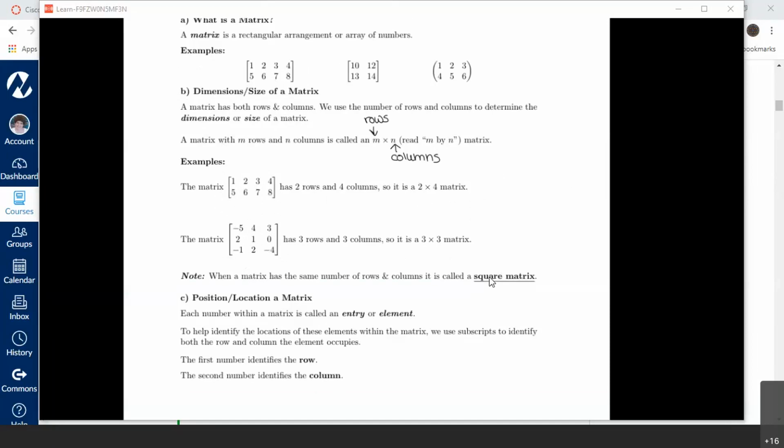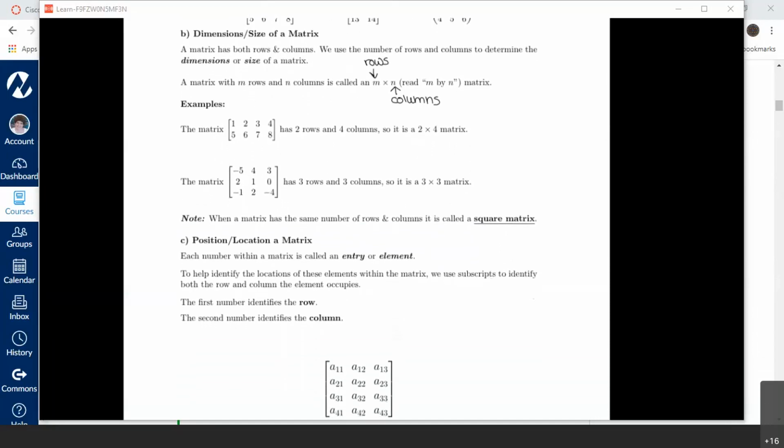A matrix where the number of rows and columns are equal is called a square matrix, and we'll see those when we talk about inverse matrices. Again, that's just a review.